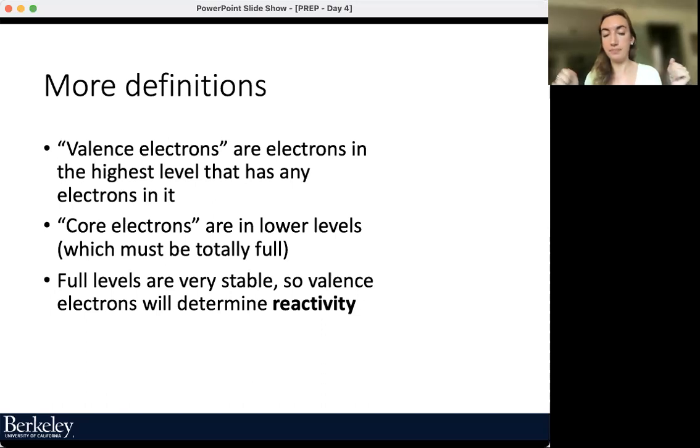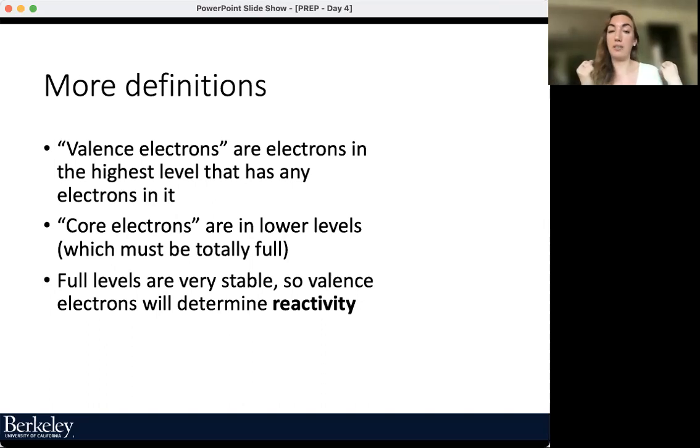Very cool. Awesome. There's a couple ways to think about this reactivity thing. The first is that if you like thinking of it as a shell with those expanding circles, it's the outermost shell that other atoms are going to see first, because it's the farthest away from the nucleus and the closest to any other atoms that might be nearby.